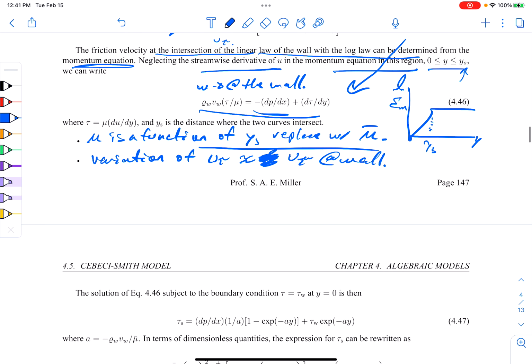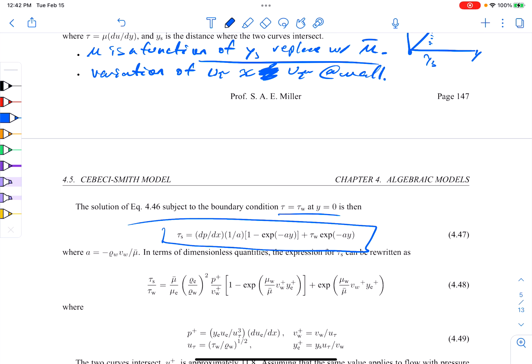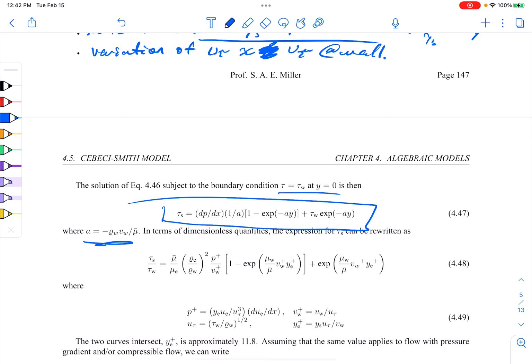Okay. So if we take these assumptions now at tau equals tau_w, the wall shear stress, then we can write this equation here, 4.47. And it's a shear equation with partial p partial x, 1 over a, which is this constant here, 1 minus exp term, again, and another 1 minus exp term, ay.